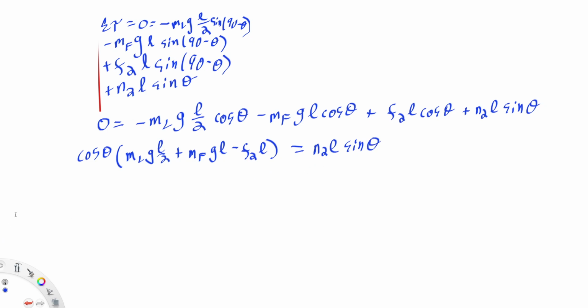And then we're going to divide both sides of the equation by cosine and both sides of the equation by N2 L. So this bit is going to get divided off over here, and this bit is going to get divided off over here. And it becomes a tangent. You got it.